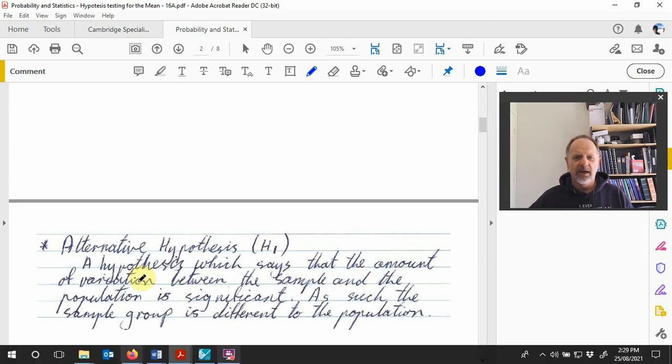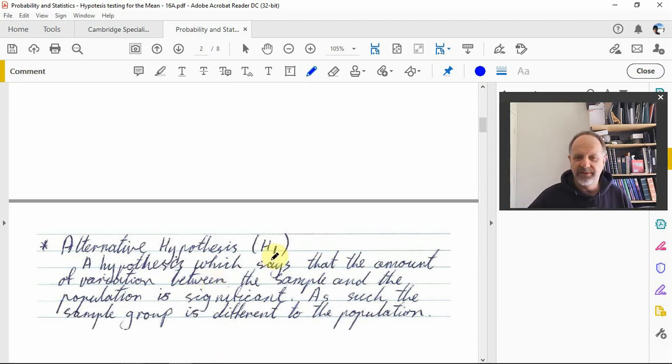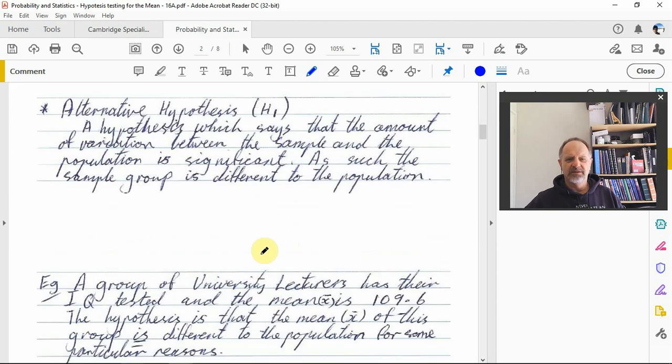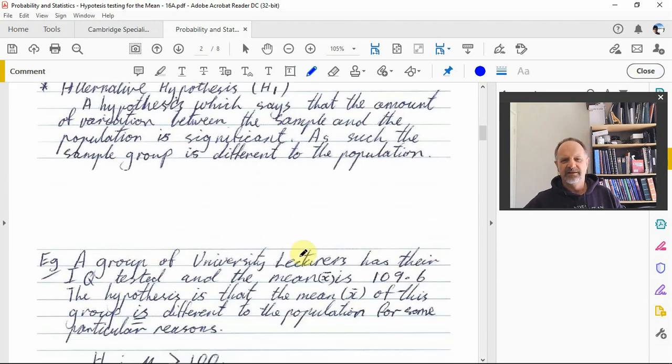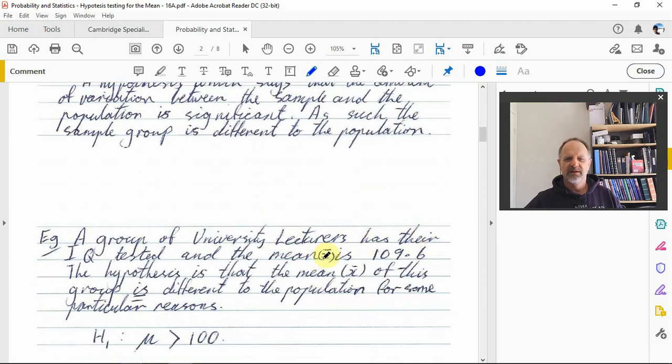So an alternative hypothesis might be that the mean IQ of the people in our special class is greater than 100. Here's another. A group of university lecturers has their IQs tested and the mean is 109.6. The hypothesis is that the mean of this group is different to the population for some particular reasons.